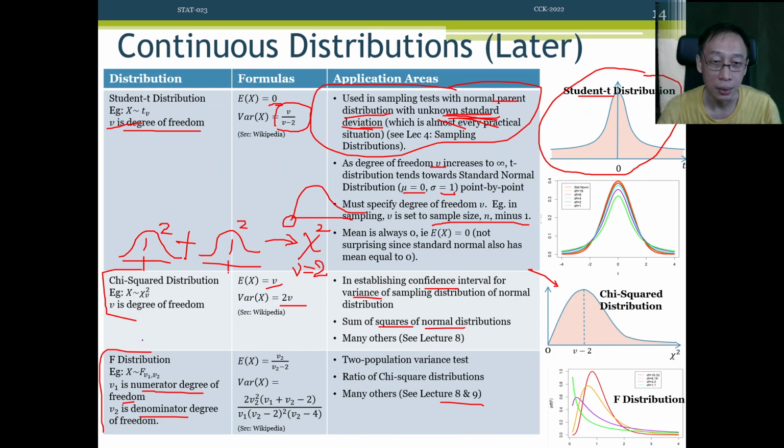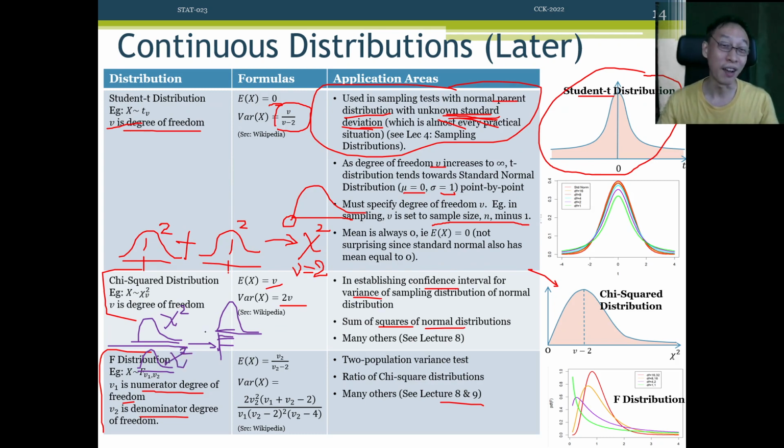And the whole idea is it is like having two chi-squares, one chi-square divided by another chi-square distribution gives rise to an F distribution, right? So the F distribution can take many forms.